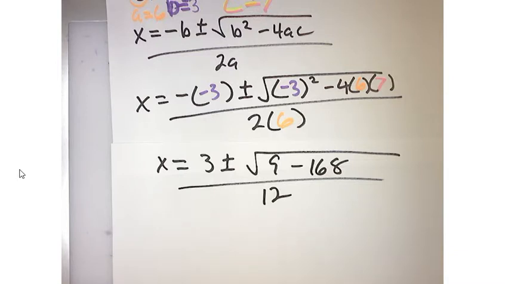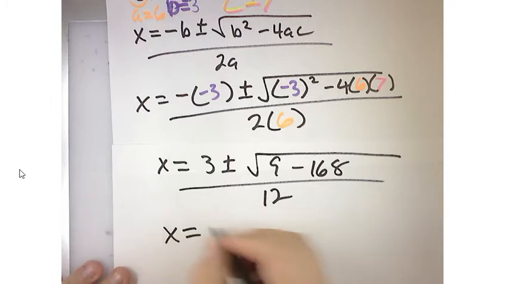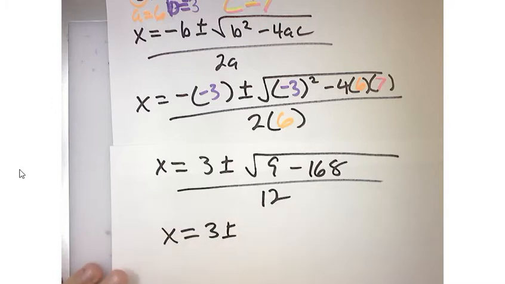So then I've got x is equal to 3 plus or minus, is that minus 159? What is that? Oh no, they're opposites, right? So that would be, what was it? No. Positive 9 minus 168. What is it? Do it on the calculator. Is it negative 159?